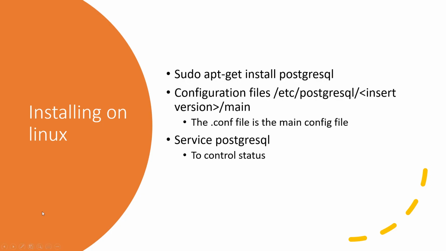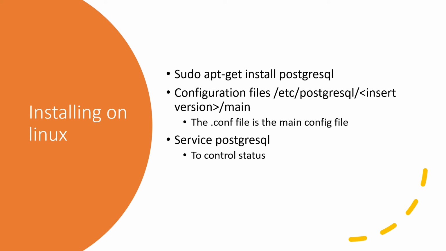Alright, so then I got the commands here for installing it on Linux. You're just going to do a sudo apt-get install, the apt-get package installer, of PostgreSQL. Once it's installed, you're going to go through the configuration files, which are in /etc/postgre. You're going to insert the version, and then you're going to go to the main file. You can usually just traverse through it. It's probably going to vary from distribution to distribution and version to version.